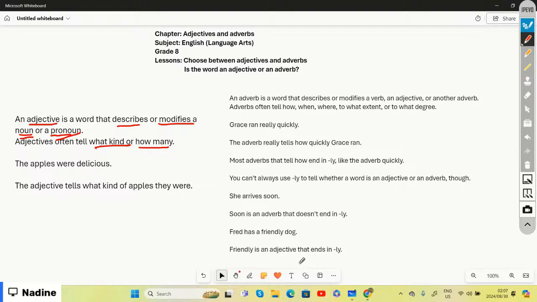Because for English we're doing grade 8. So are you asking about the maths?